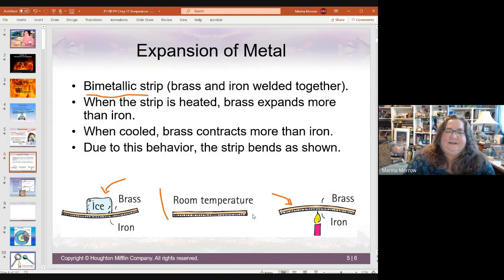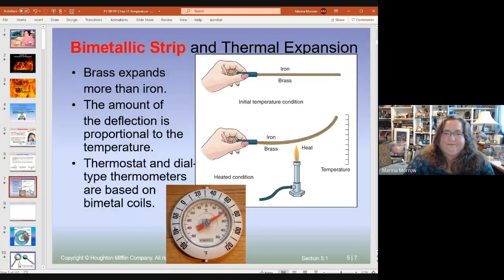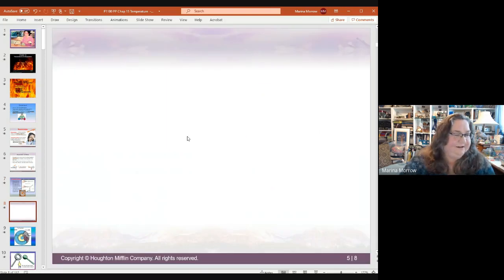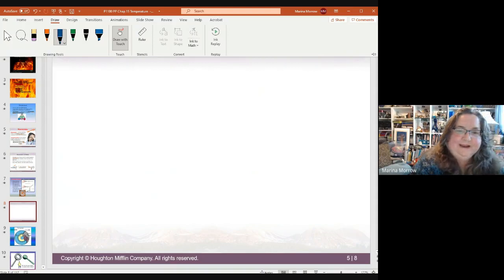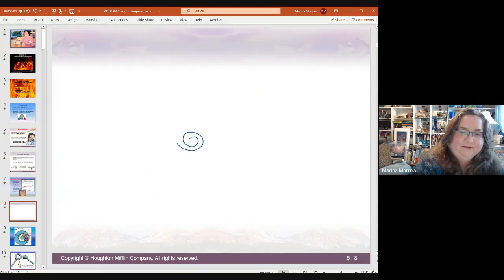So we can use this strip to tell temperature. Now, we usually use it as a coil. So in the back of a thermometer, if you've got a thermometer out on your deck or something, it probably has a coil in the back. So the bimetallic strip is usually a coil.